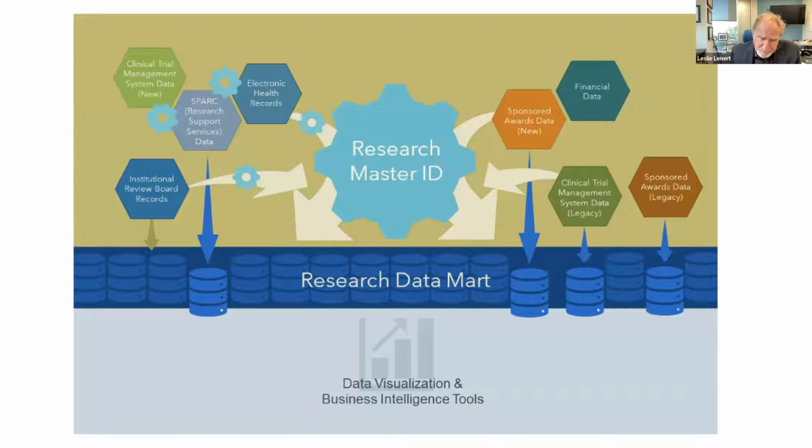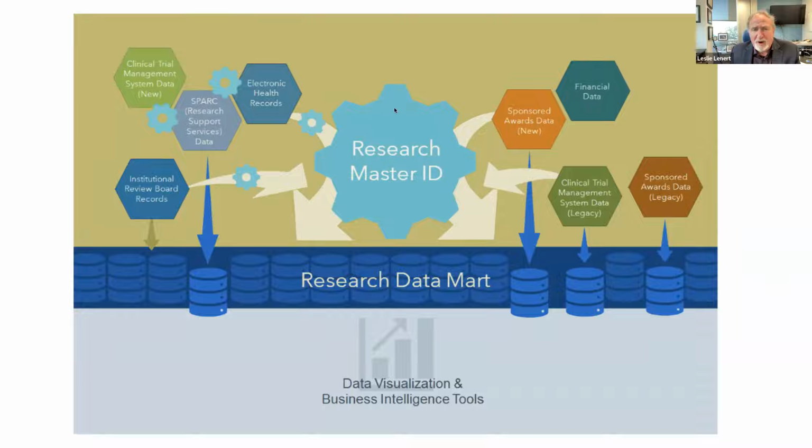We've also created something called a Research Master ID to span the different systems we have here, like our clinical trial management system, our electronic health record, our IRB, our sponsored projects and financial data, and other legacy data.